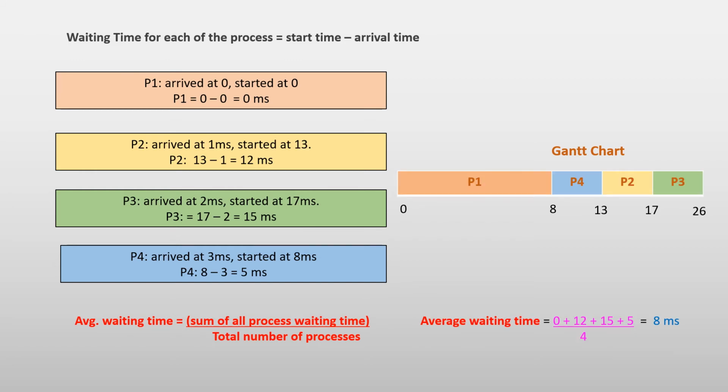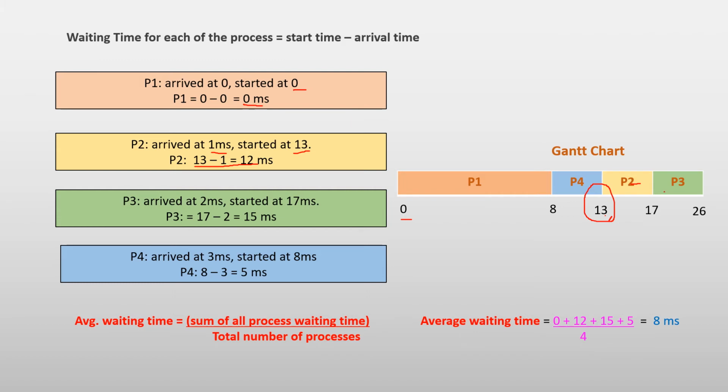P1 started at time 0, it arrived at time 0, so it had 0 milliseconds of waiting time. P2 arrived at 1 millisecond and it started its execution at 13 milliseconds, so it waited for 12 milliseconds.